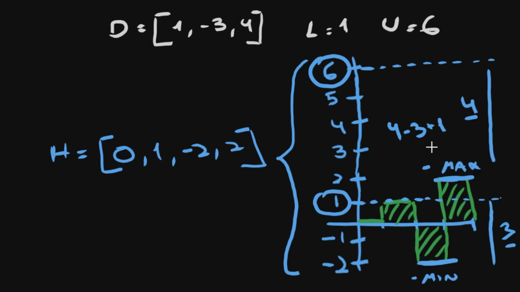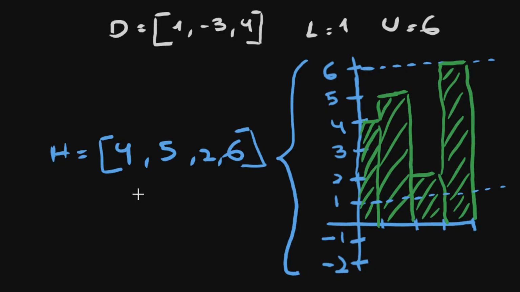Okay, let's see why. Let's say that we want to create a hidden array which has the maximum value right in our upper bound. So here is the new hidden array and the maximum value would be here, right in the upper bound, and the minimum value would be here. So the difference between the minimum value and lower bound, which is 1, is 1.